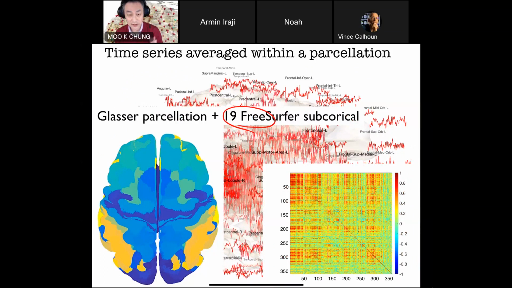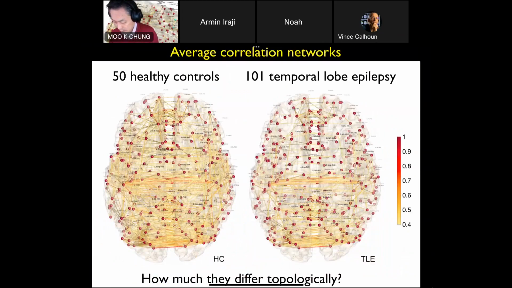This is the input to our pipeline. If you download our code, you need this kind of input, and it will quickly pump out the p-values, in 2 minutes actually. So this is an example of how we are processing.